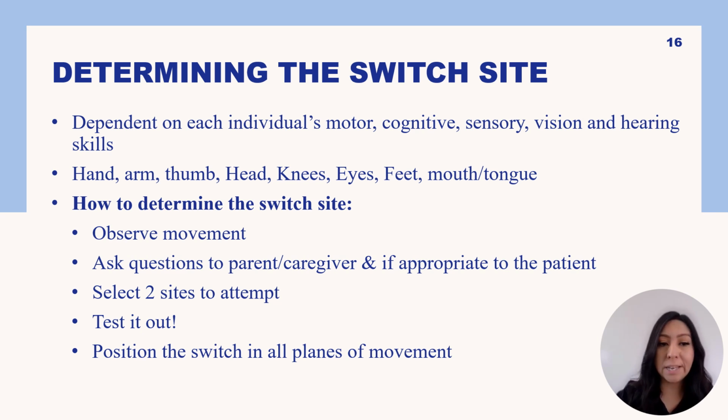We first want to begin by observing their movement. This is going to be through evaluation as well as through informal observation. We also want to ask questions to either their parent or caregiver, and if appropriate, to the patient themselves. We then want to select 2 sites to attempt, and then we want to test it out. A lot of this is going to be trial and error, and as we're completing this trial and error, we want to make sure that we position the switch in all planes of movement.